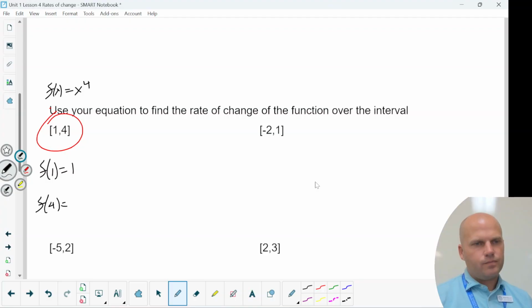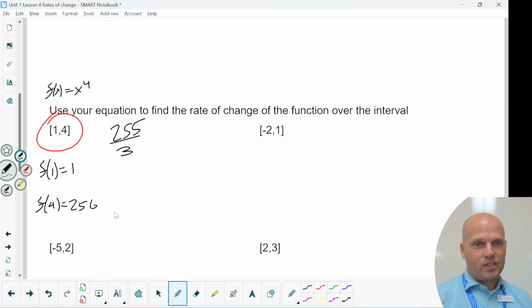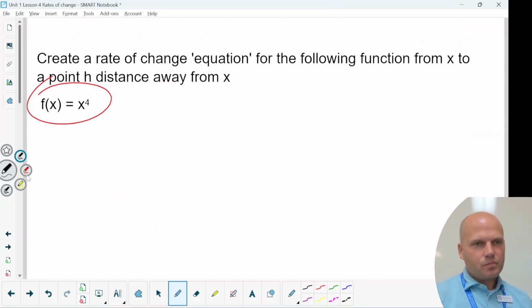Yeah, 256. All right, so we increased by 255 over 3. Let's do the math. 85 y's per x on average. Cool. Let's see if we get that 85 a different way.